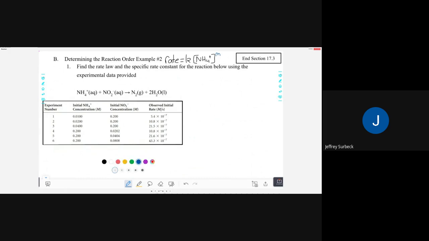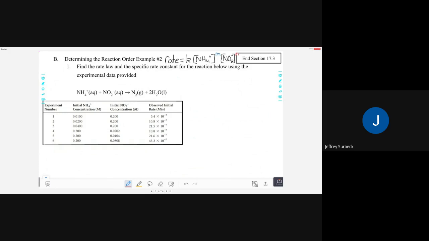Times our other reactant in this particular reaction, NO2-, our nitrite ion. And we want to know, hey, what is that power, which we're going to just give as the variable N. Okay? And so we start out with this again.